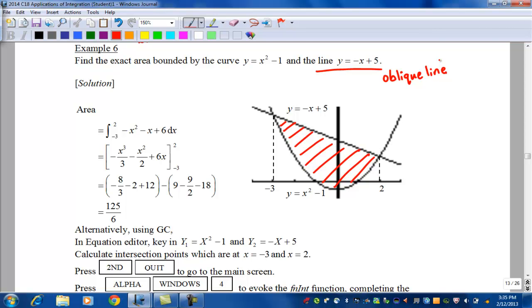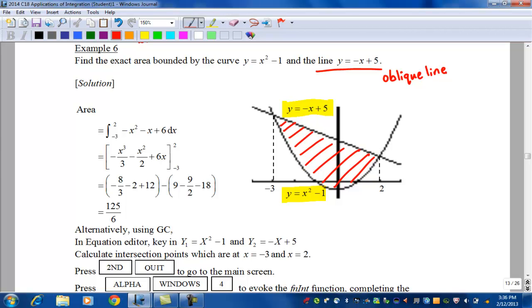So how do we go about finding this area? Recall what you have learned. You need to integrate from the lower limit to the upper limit the upper curve minus away the lower curve, where the upper curve is this line and the lower curve is this graph.